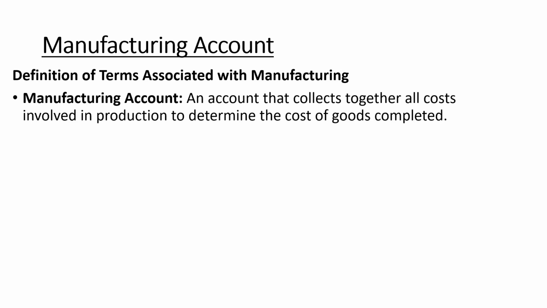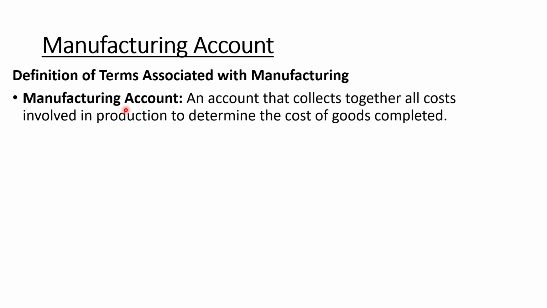The first is manufacturing account itself. What is a manufacturing account? A manufacturing account is simply an account that collects together all costs involved in production to determine the cost of goods completed. So manufacturing accounts are accounts for manufacturing companies that are making things.